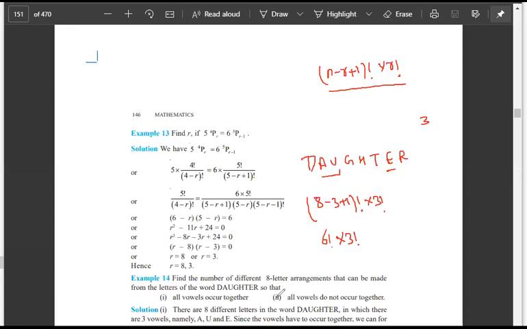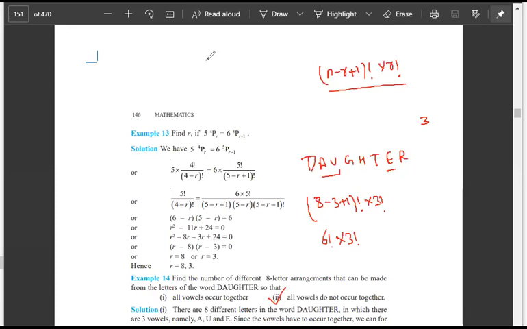Now what about the second one? This is the last problem of today's class. What is the total number of arrangements?